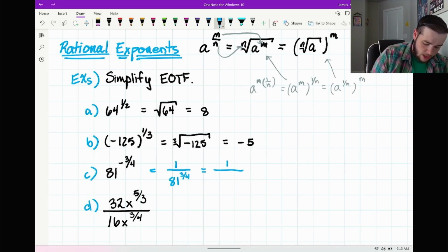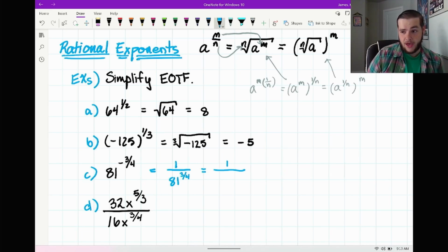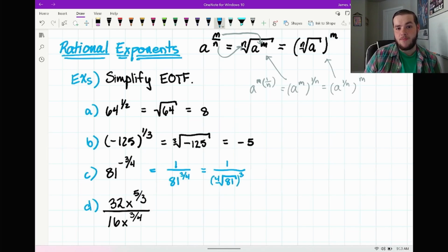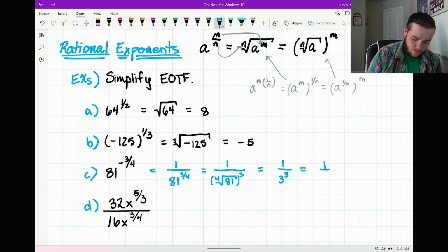Here, it'll be a little bit easier to simplify by writing this as the 4th root of 81 cubed. Because 81 happens to be a perfect 4th power. It's 3. And now 1 over 3 cubed is 1 over 27. It would have been much harder to cube 81 and then find the 4th root of that.